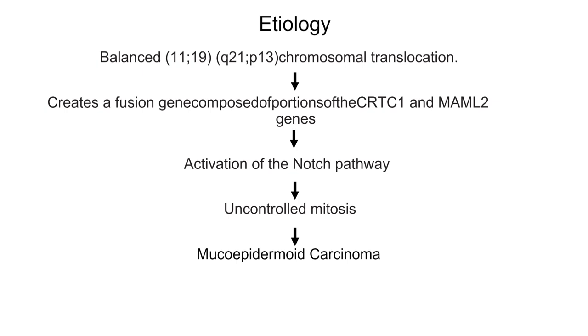This genetic alteration plays a substantial role in the development of mucoepidermoid carcinoma. It is fascinating to consider how these genetic modifications can significantly influence the emergence of tumors. Understanding these mechanisms is essential for the advancement of targeted therapies in the future.